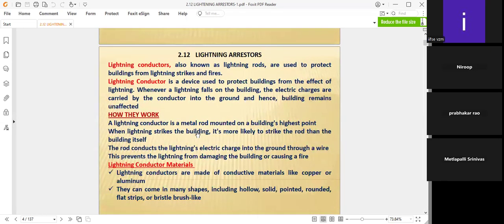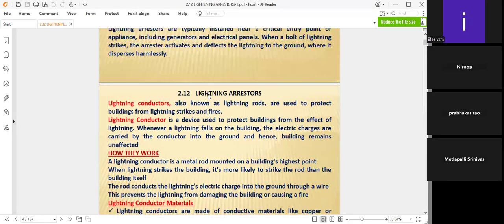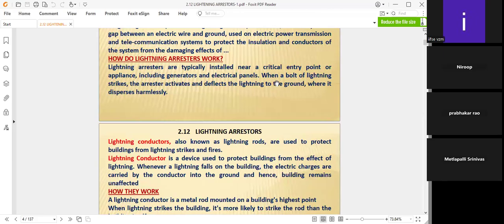Hope this is understood, because this is very important to understand. When a bolt of lightning strikes, the arrester immediately starts and deflects the lightning to the ground.